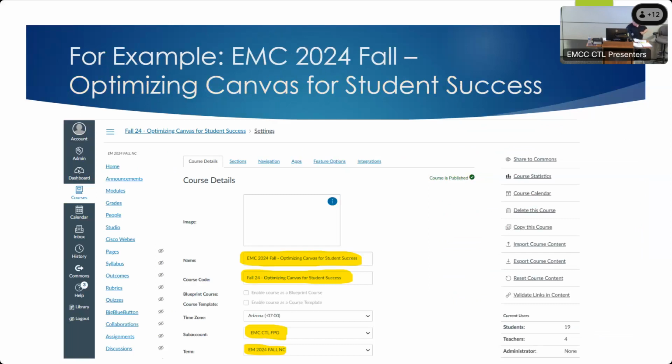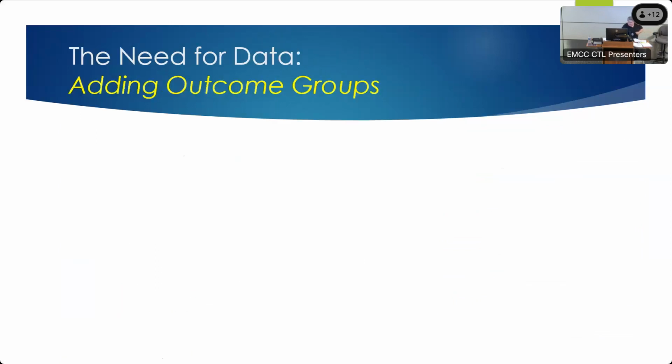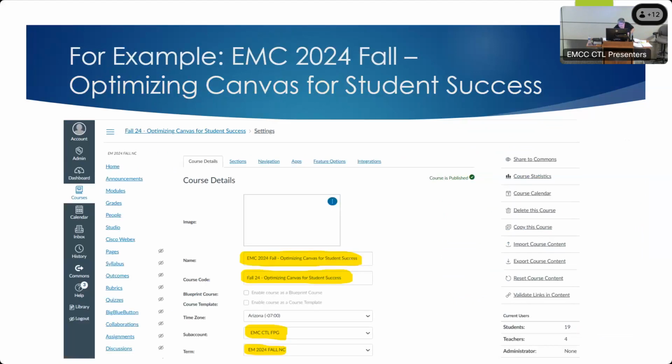In this example, for Najma's class, for the name: EMC 2024 Fall, Optimizing Canvas for Student Success. The name matters. When it comes in from SIS, it's already populated. The reason it matters, I'll get to in a second.